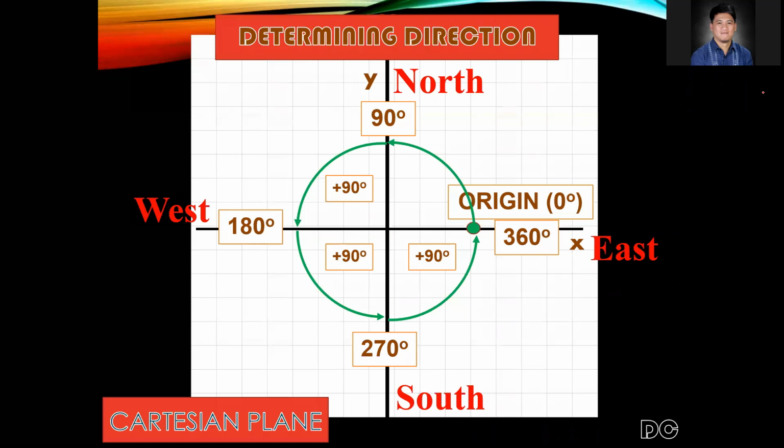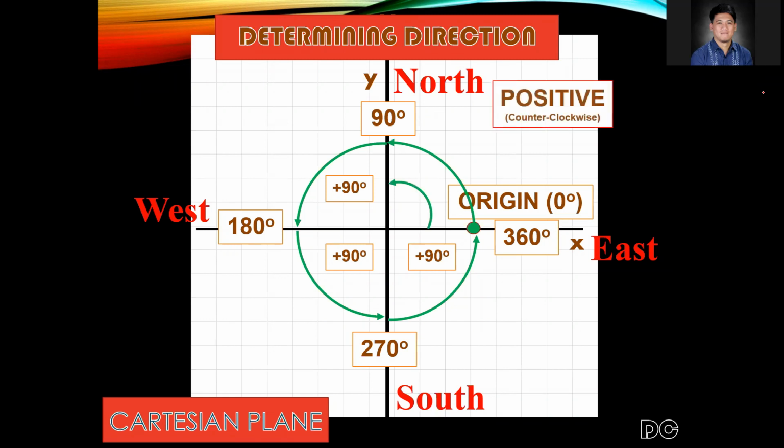It is positive because the rotation of your angle is counterclockwise. Since it is counterclockwise, the degree of your angle is positive. But if the rotation of your angle is clockwise, then it is negative.